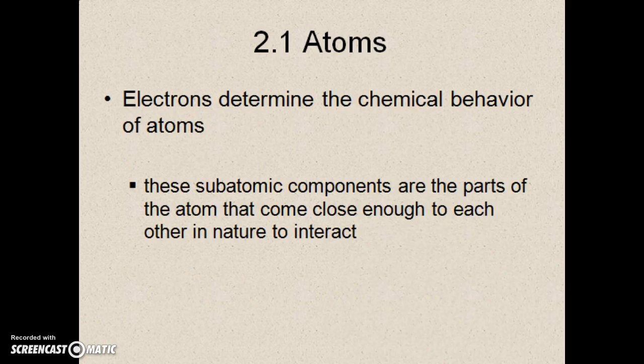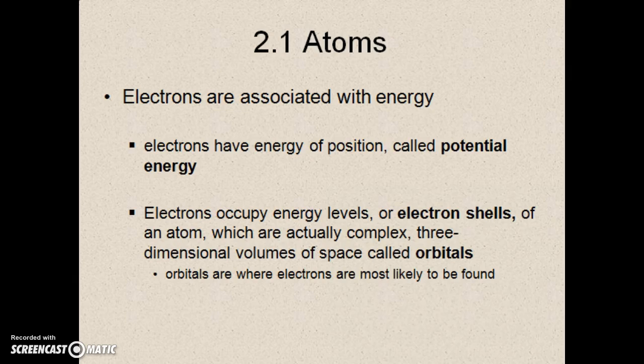Electrons are really important, however, in the sense that they determine how a particular atom is going to behave. And I'll show you here in the next few slides what I mean by that. Electrons are super important because they have something called potential energy. And so like I said earlier, they buzz around the nucleus of the atom and they carry energy for that particular atom. They can be associated in one of several different orbitals or spherical rings around an atom.